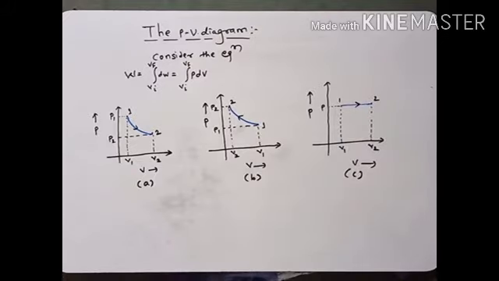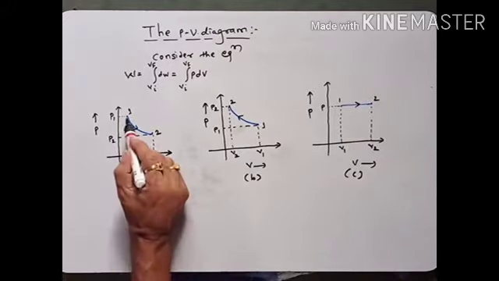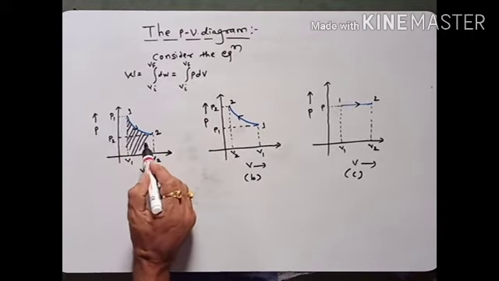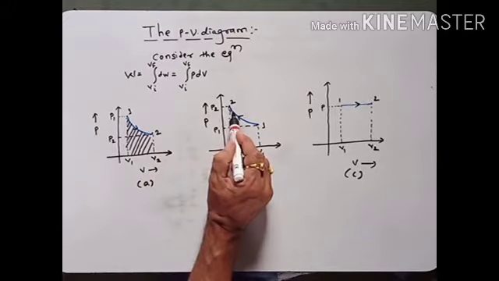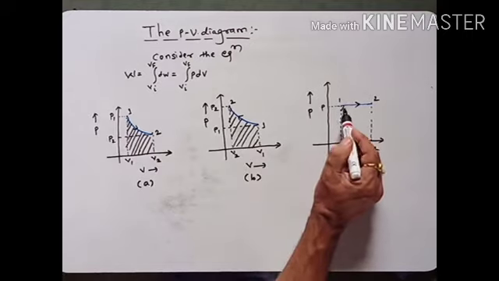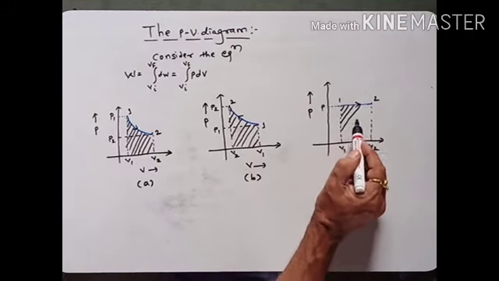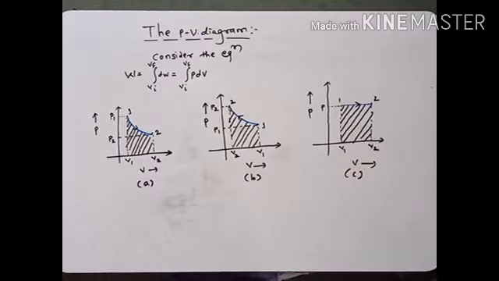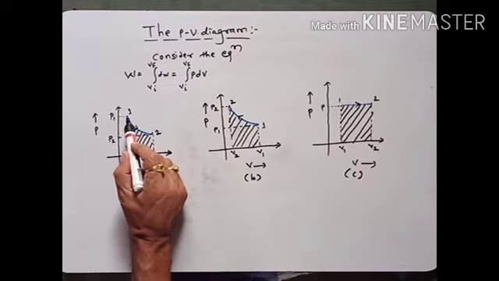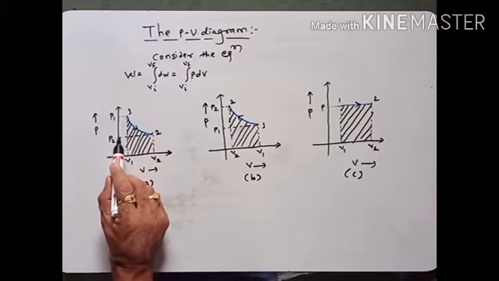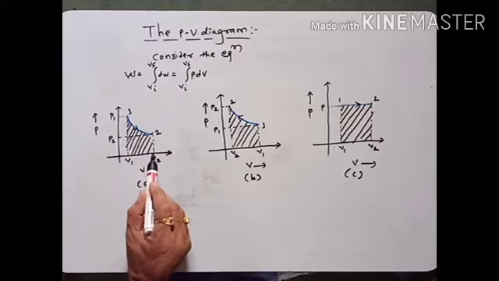Now we consider the area under the curve, all this area under the curve. Again here the area under the curve, and here also the area under this straight line. Then what is the difference in these three? Here the state changes from 1 to 2, that is, pressure changes from P1 to P2 and volume changes from V1 to V2.